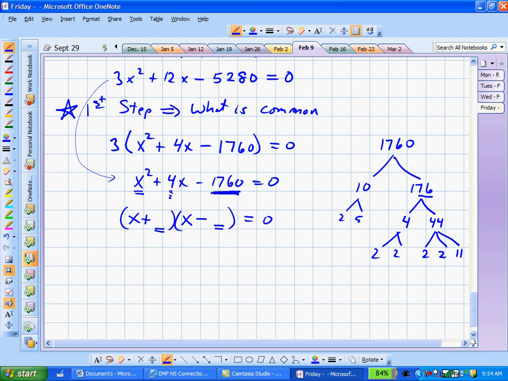I don't know whether you're going to be lucky enough to think about it, but this is 44 all by itself. What are all the other factors? 2 times 2 is 4, times 2 is 8, times 5 is 40. Wow, here's 44, and here's 40. Well, there it is. That's what we want, right? Does it always work like that?